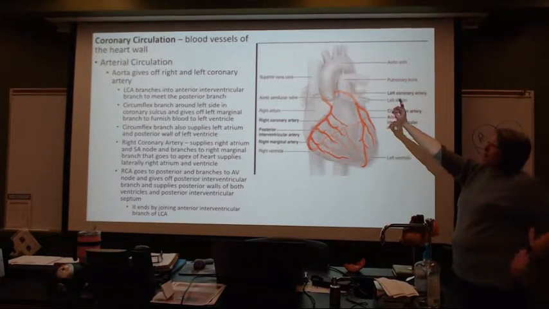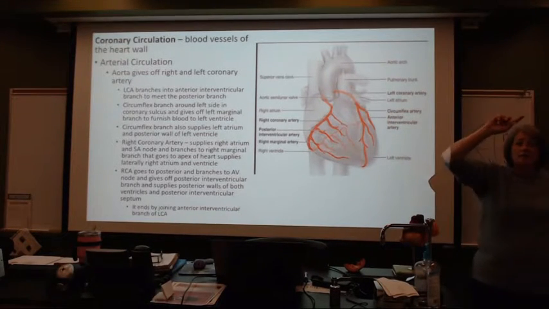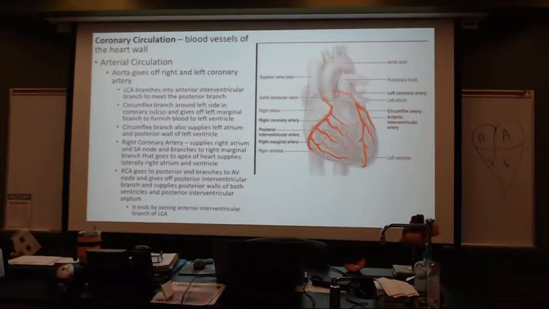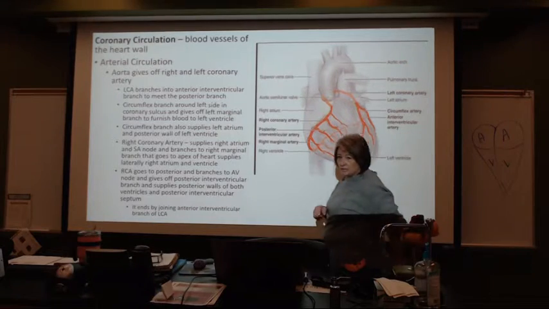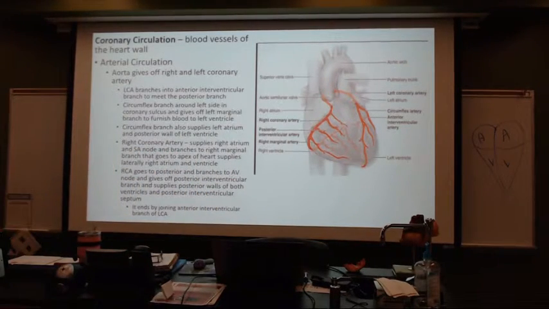Now, our coronary circulation is referring only to the blood flow to the heart. So if you hear anybody talk about the coronary circulation to the body, be sure to correct them, okay? Because coronary is referring only to the heart itself.